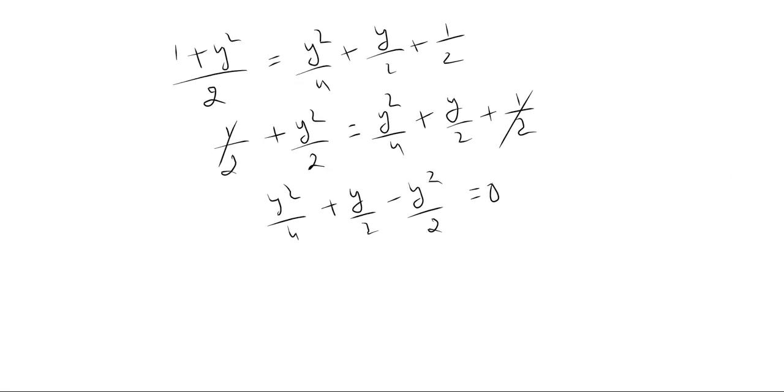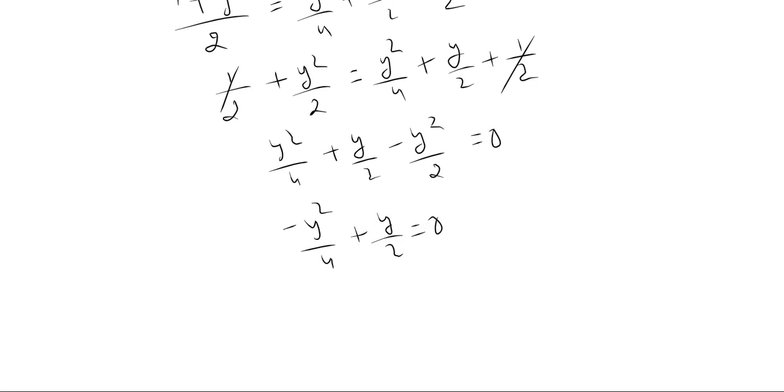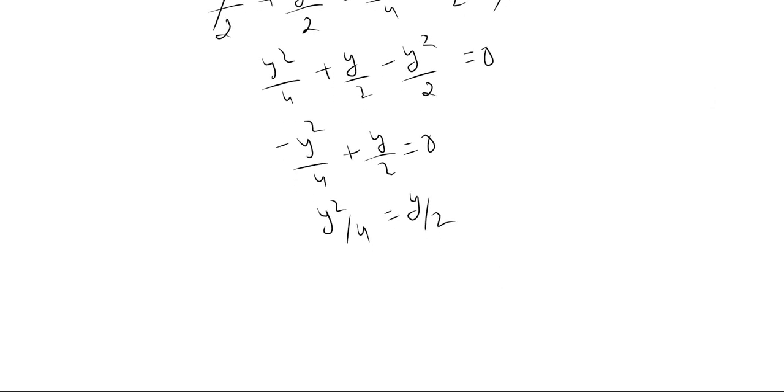Now here you will get y square by 4, that is minus y square by 4 plus y by 2 equals to 0. So y square by 4 is equals to y by 2. Now from this we will get the value of y is equals to 2. So here we got the value y is equals to 2.